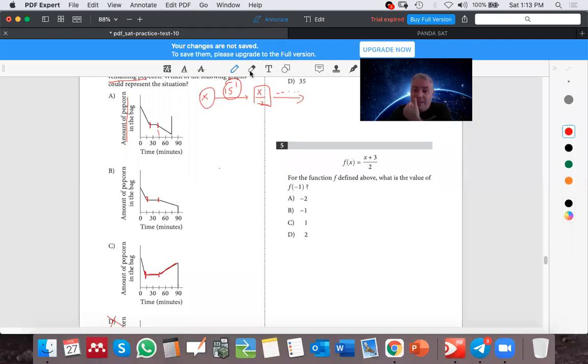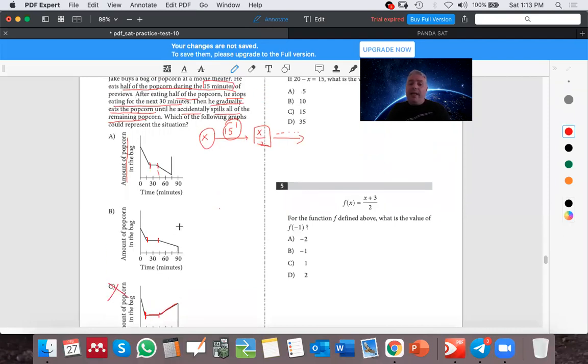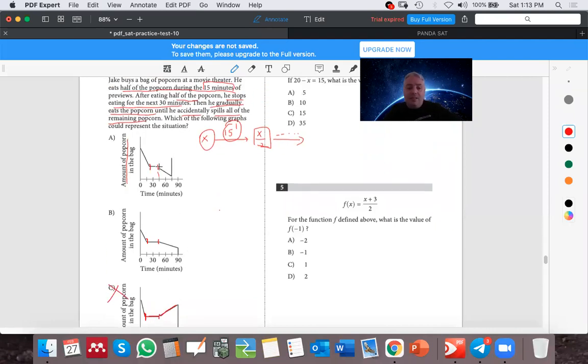That means the amount of the popcorn must decrease, but here it is increasing, so it cannot be. And then there are two alternatives. Here it is increasing, here also it is increasing, and the time is not given. But what is given? It directly spills all of them. It falls down, let's say.